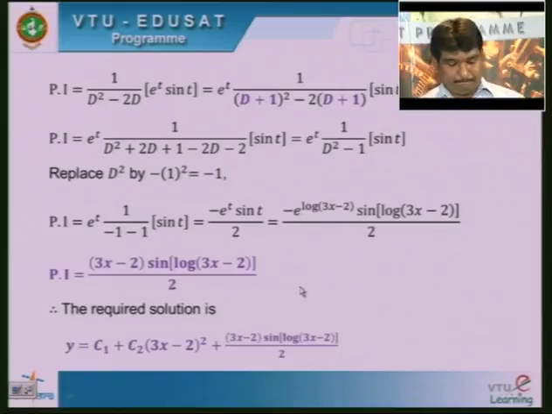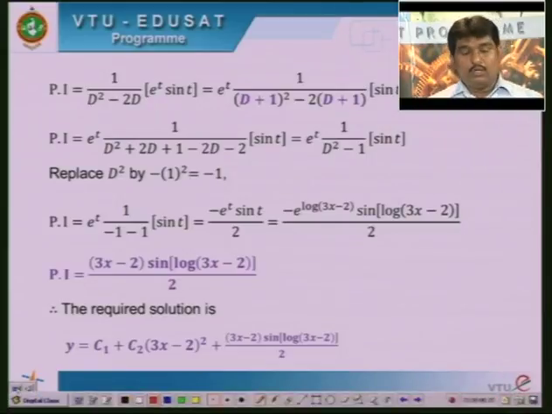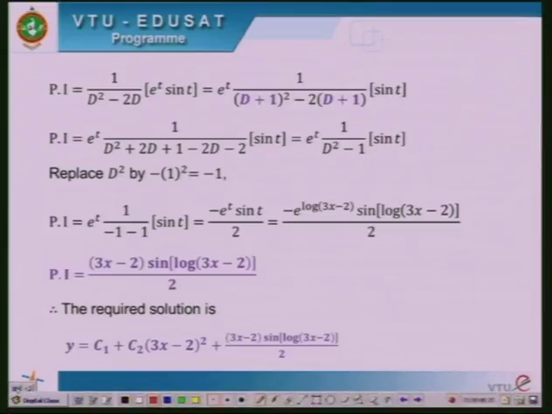Now PI. It's 1 over f of D into phi of D. F of D, the operator, is D square minus 2D, where D represents the derivative with respect to the new variable t, operated on e to the power of t into sine t. This is like e to the power of ax into V of x. It's type 4.